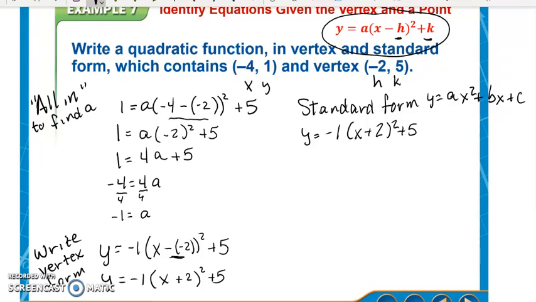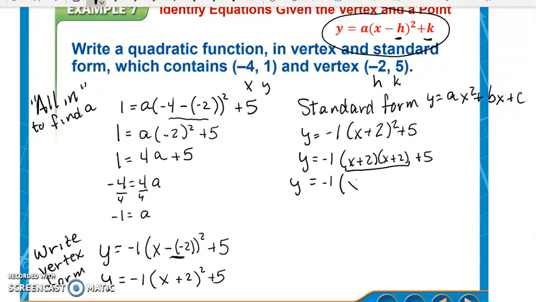So we're going to simplify this and get rid of all the parentheses. Take this x plus 2 and the x plus 2, and multiply those out. I'm going to leave the negative 1 alone and do FOIL on this part right here.